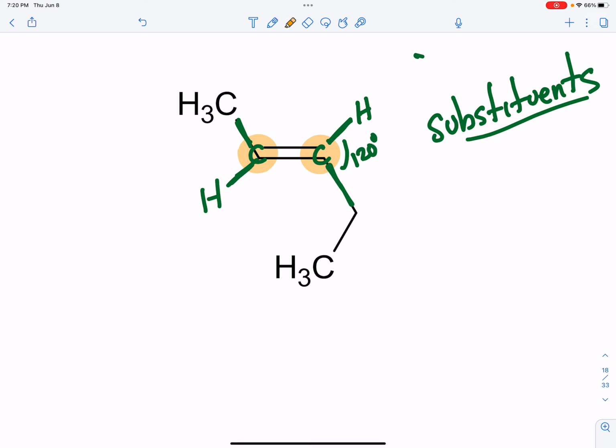The carbon on the left of the double bond has a methyl group. I didn't mean to erase that. It has a methyl group and it has a hydrogen atom attached. Two different things. The carbon on the right side of the double bond has a hydrogen attached and it has an ethyl group attached. Two different things.